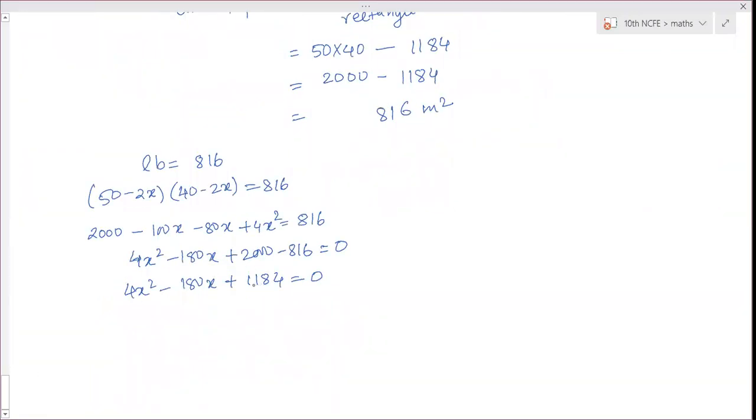It is divisible by 4. Yes, it is divisible by 4. x square minus 45x, 4 2s are 8, 4 9s are 36, 4 6s are 24. This is our equation: x square minus 45x plus 296. We have to solve 296.